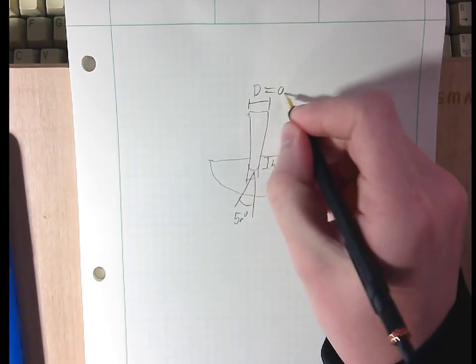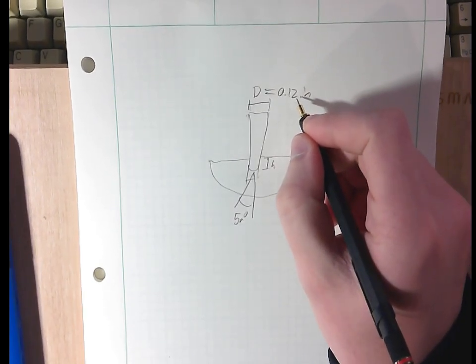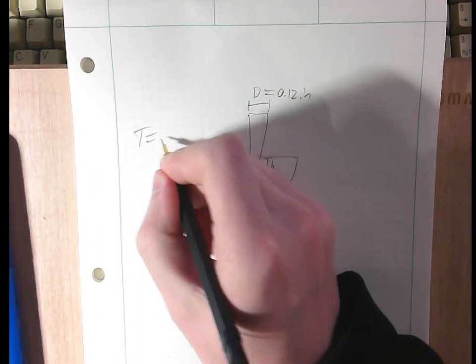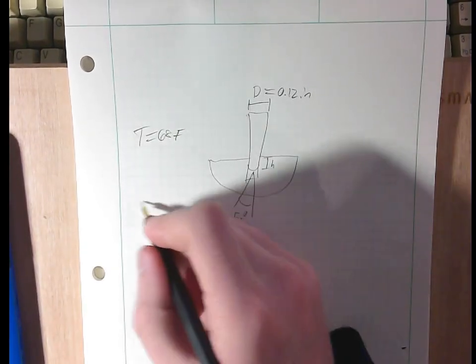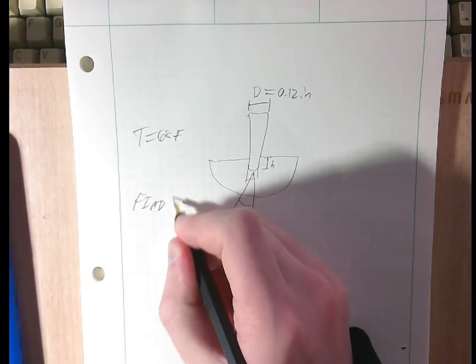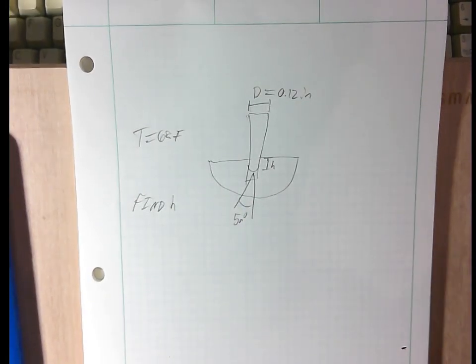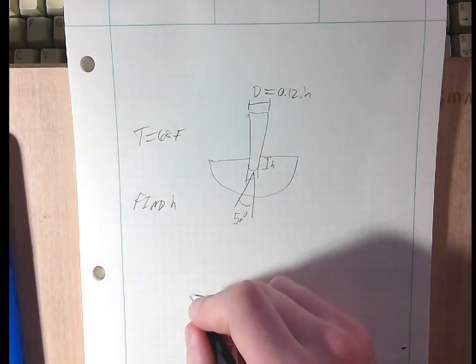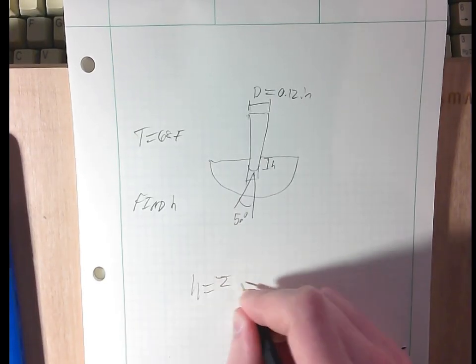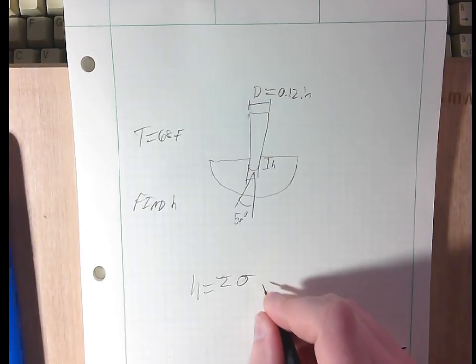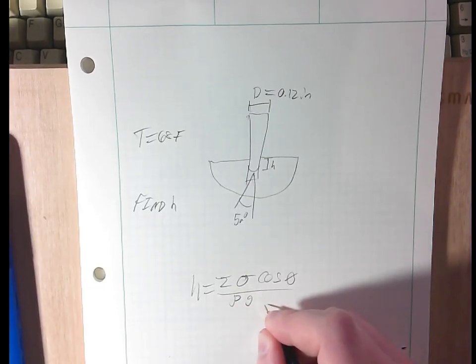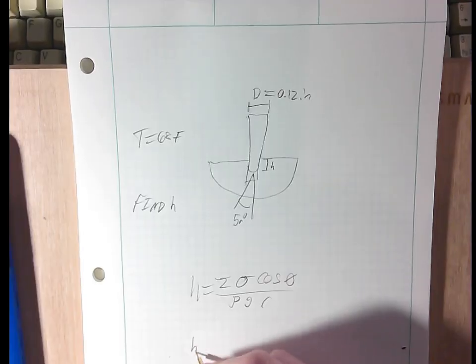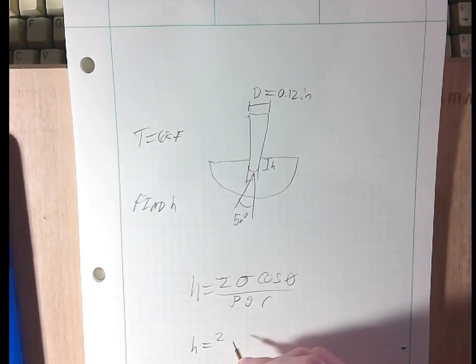D equals 0.12 inch. Temperature equals 68F. We're asking to find H. And we know from our formula sheet that H is equal to 2 sigma cosine theta over rho g R. So H is going to be equal to 2 times, well, what's the surface tension of mercury at this temperature?